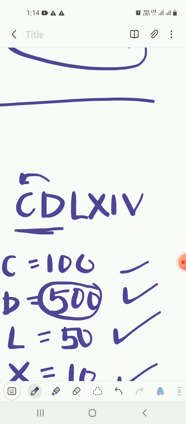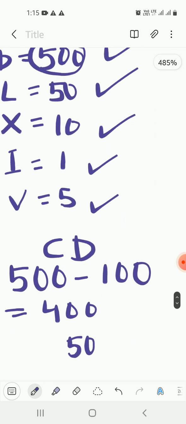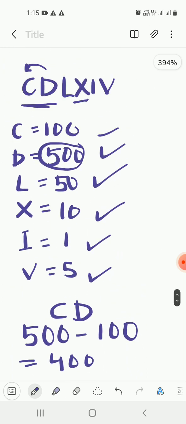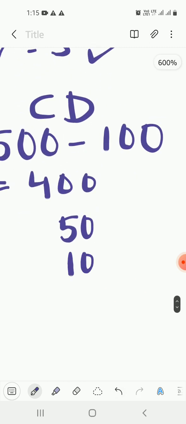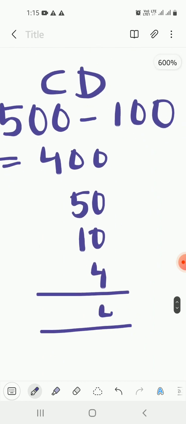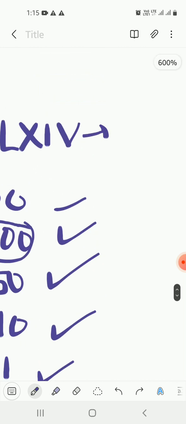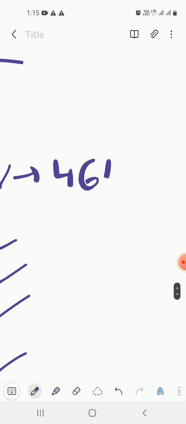So to the right of D, it's written L, X, I, V. So L means 50. Then we have got the other number X. X would mean 10, and IV means 4. So if we add all together, we get 464. So basically this symbol means 464.